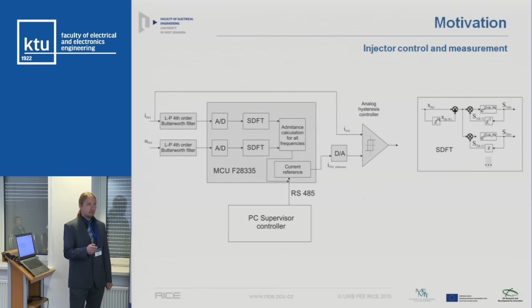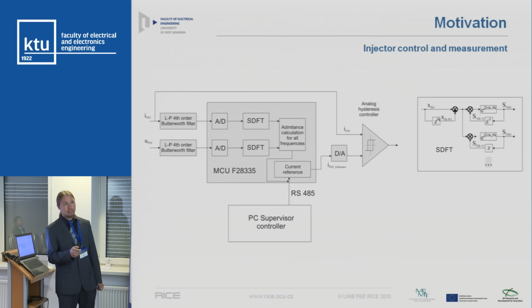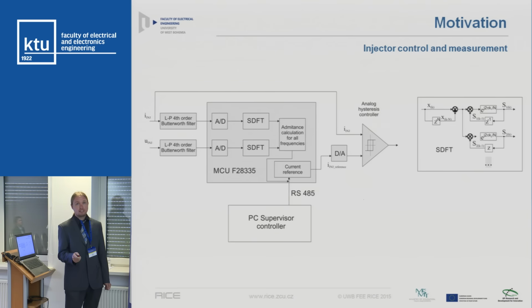We are measuring, as I mentioned before, the output current and output voltage of the inverter. Then these values are filtered by a low-pass first order Butterworth analog filter, and measured by analog digital converters and by a sliding DFT, sliding discrete Fourier transform algorithm.